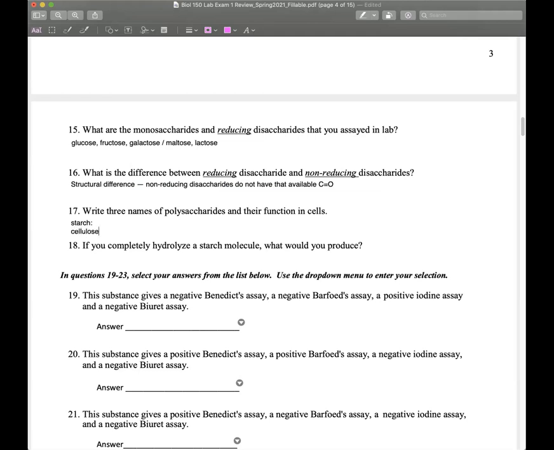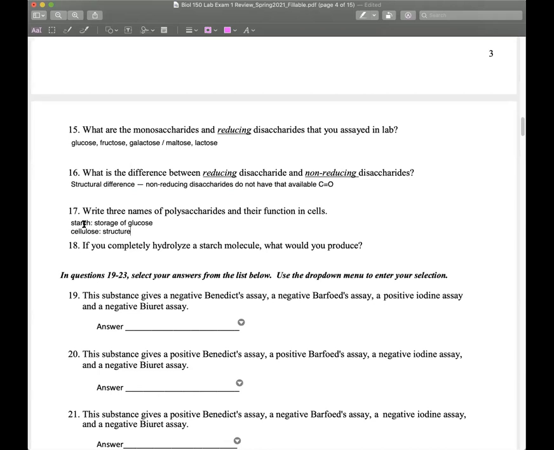So what are the functions of starch and cellulose? Storing glucose. Yeah, so starch is a storage polysaccharide. So it stores glucose. What about cellulose? Structure. So we know it's in plants. I think I heard someone say it's structure. Yeah, so this is a structural polysaccharide.